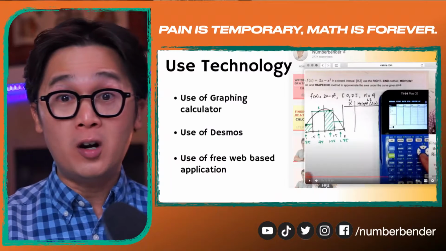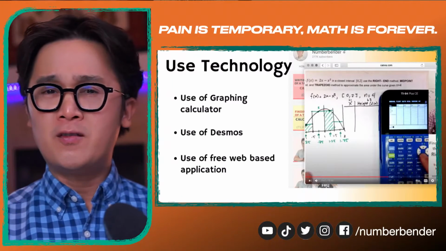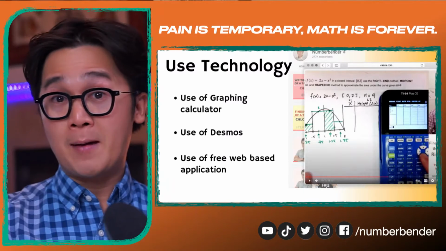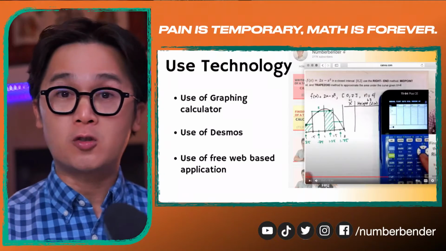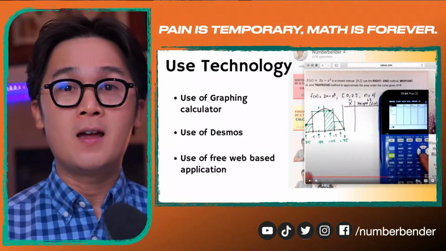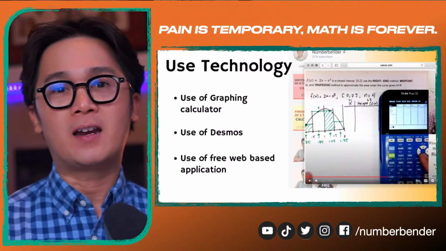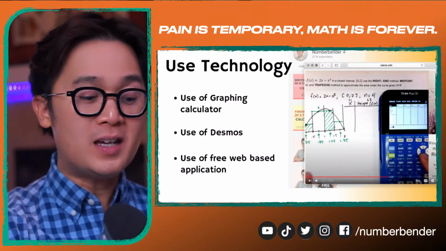So TI-84 or graphing calculator, it always helps, but there are a lot of web applications that students can use, and I welcome them to use technology whenever they need to, just to be able to help them understand what's really happening when they're calculating the area under the curve using Riemann sums. So this is how I teach my students this particular problem.